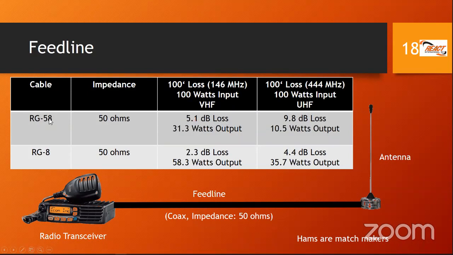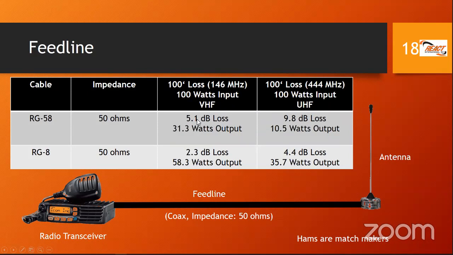So notice for RG58, the loss for every 100 foot at the VHF part of the band is 5.1 dB. But notice, if I use that same RG58 cable in the UHF band, my loss is higher, 9.8 dB loss per 100 foot.